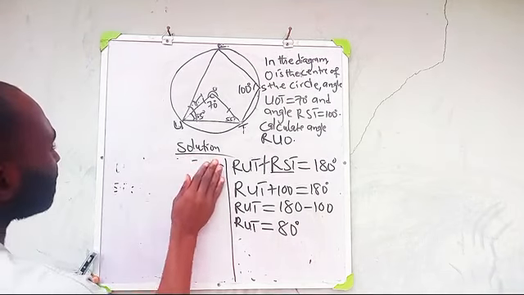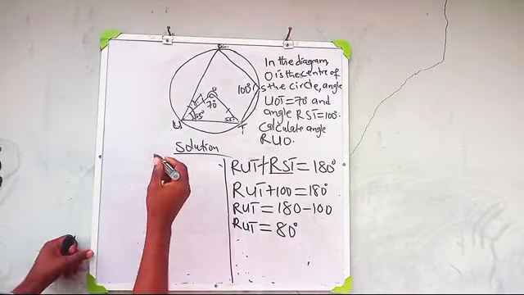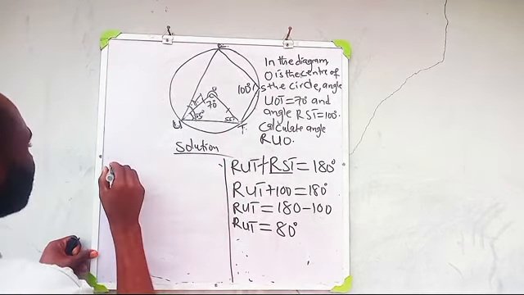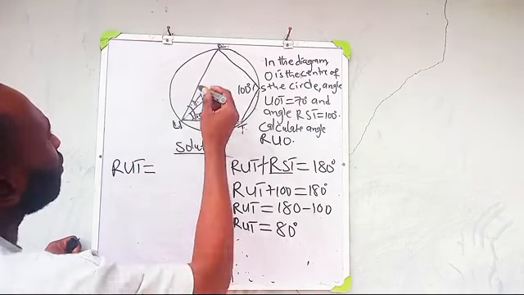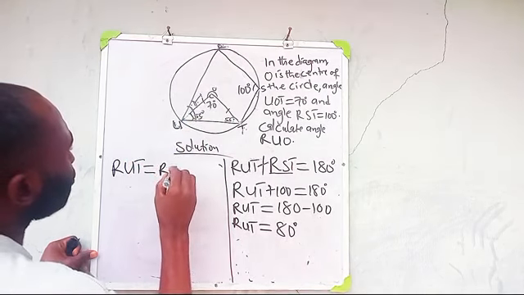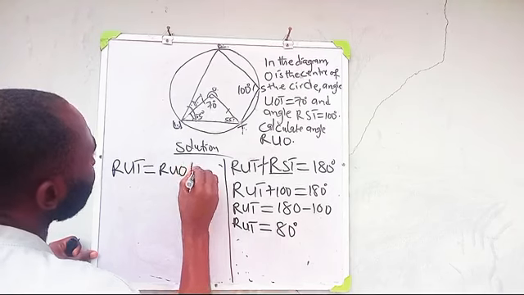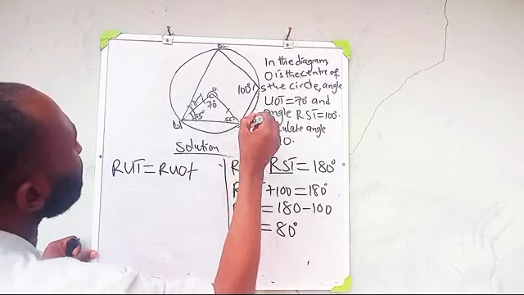We now know that RUT is equal to the summation of RUO, plus this one here, which is UOT.